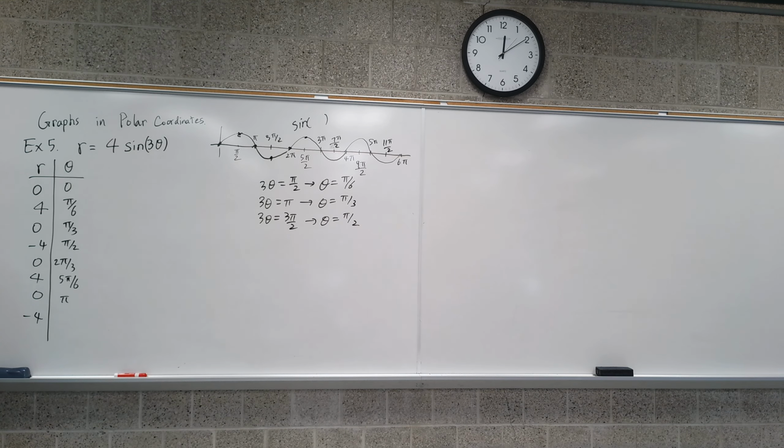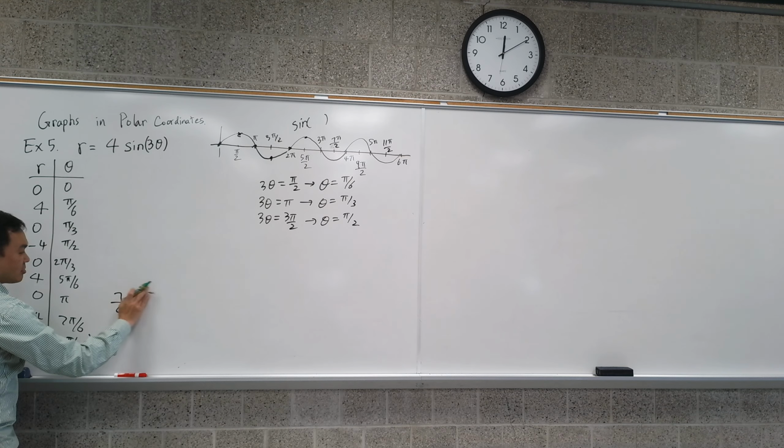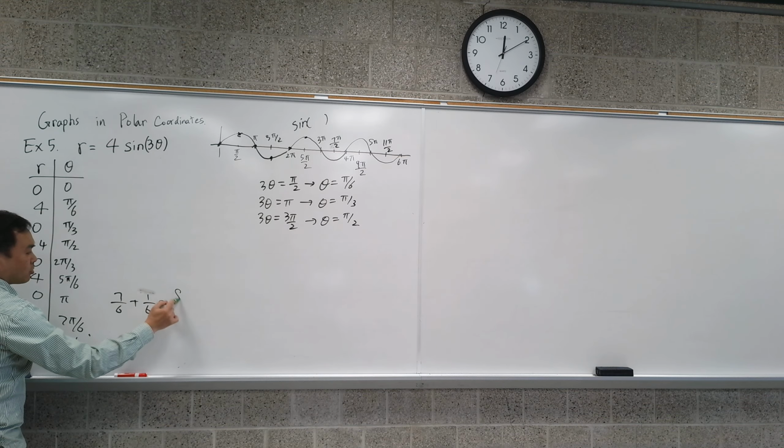Is that right? Pi. Right, so the next one after is 7 pi over 6. And then after this should be 4 pi over 6, or over 3. Okay. See, 7 over 6 plus another 1/6 gives you 8 over 6.